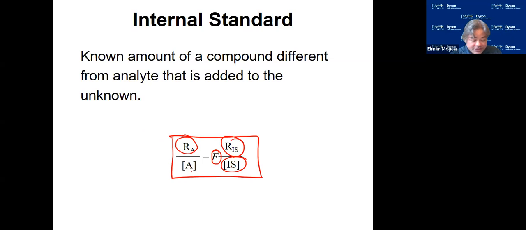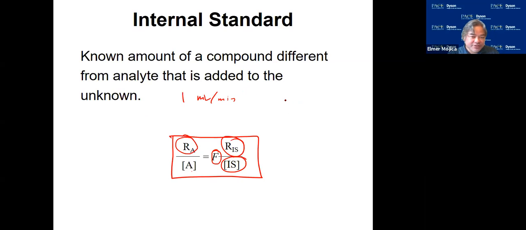Internal standard is useful for analysis in which the quantity of the sample analyzed or the instrument response varies slightly from run to run, for a reason that is difficult to control. For instance, flow rate. Even though you set the flow rate at 1 ml per minute, sometimes it can go over or higher.